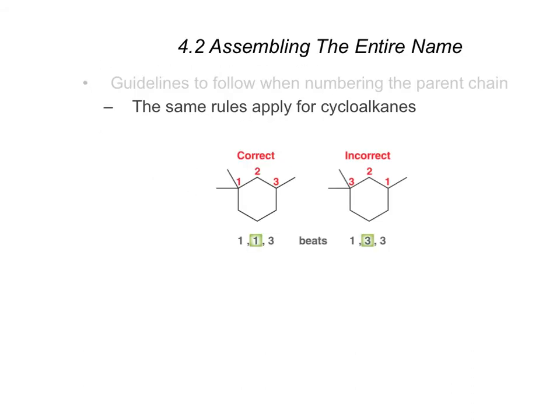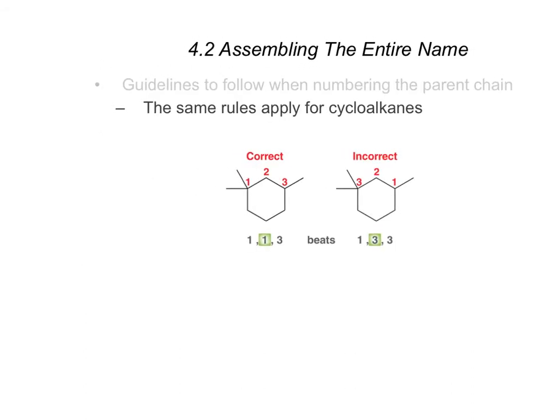Okay, and then the last thing with respect to numbering: anytime we're dealing with a cyclic ring-based structure, we're going to start numbering at the first substituent. So wherever the first substituent is, that's going to get the first number. For example, if we had this molecule over here, we have a couple of substituents.